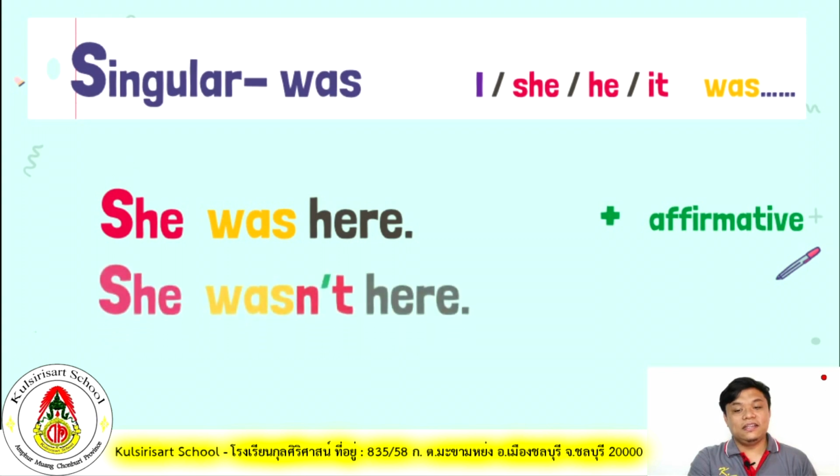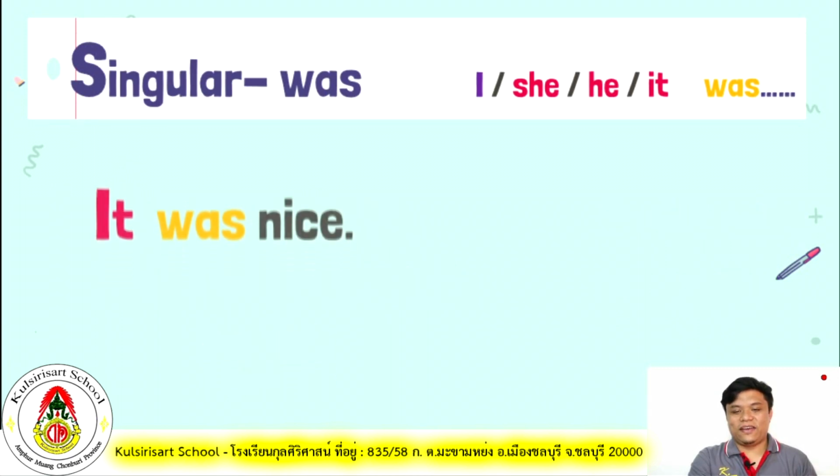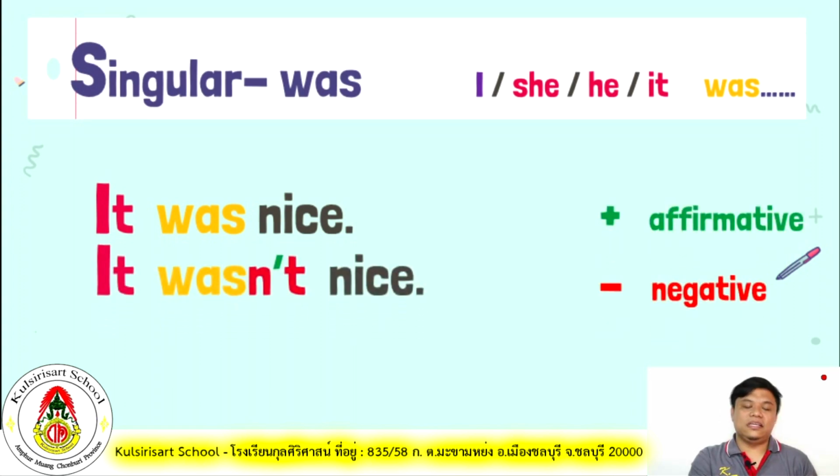Guess? She wasn't here. And it comes from she was not here. Got it? Great. It was nice. It wasn't nice. And it was not nice, from the words was not.